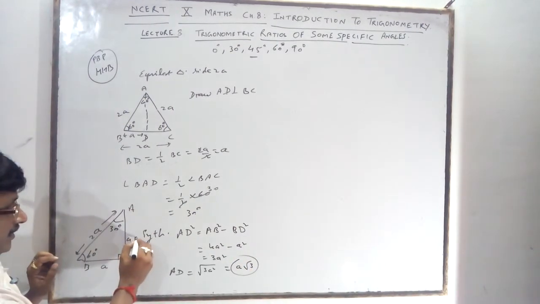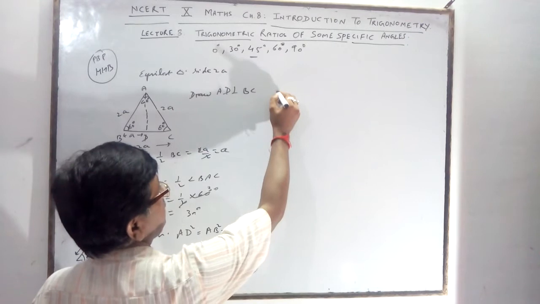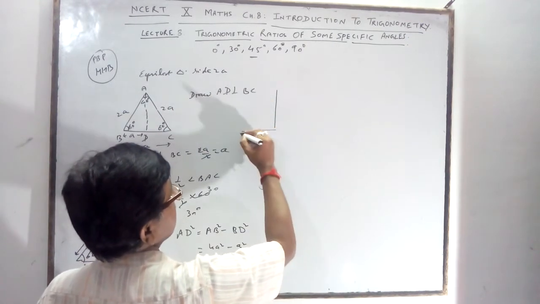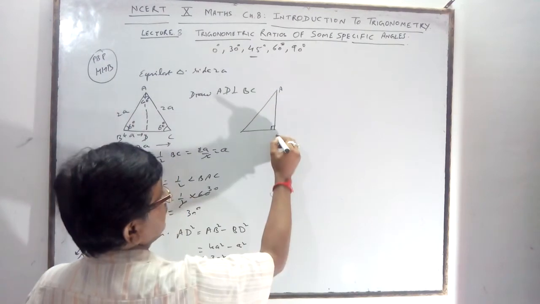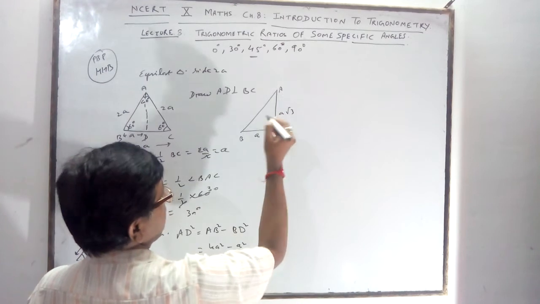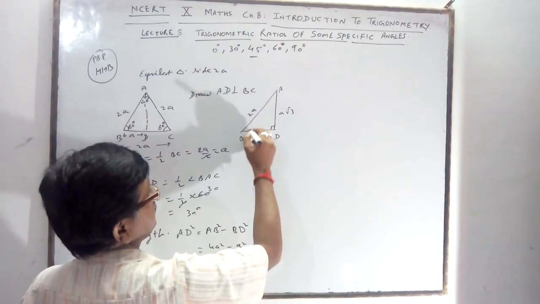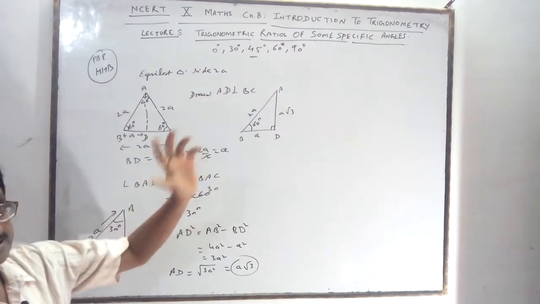Now it is A under root 3. In this right triangle, perpendicular, base and hypotenuse. So first of all you draw this figure again and take all the 60 degree values. It is the 90 degree, ADB, A under root 3 and 2A. It is 60 degree. For this triangle, I am taking only 60.